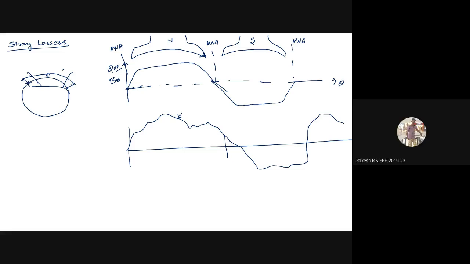Presence of frequency components in the output waveform. Yeah, presence of frequency components in the waveform. Lower frequency components or higher frequency components.